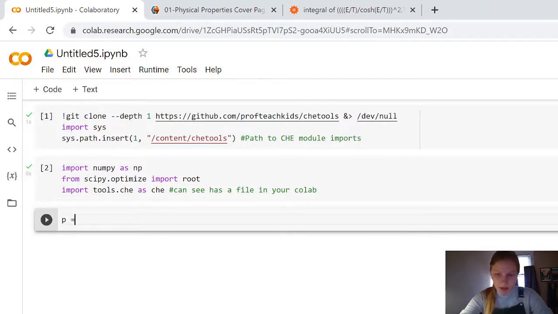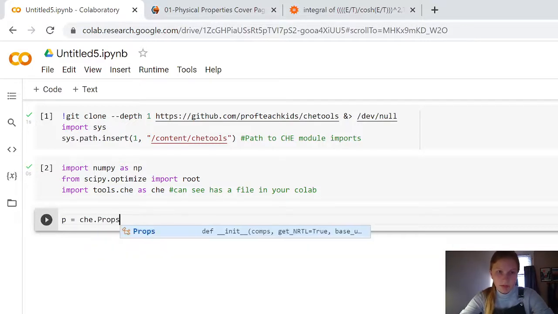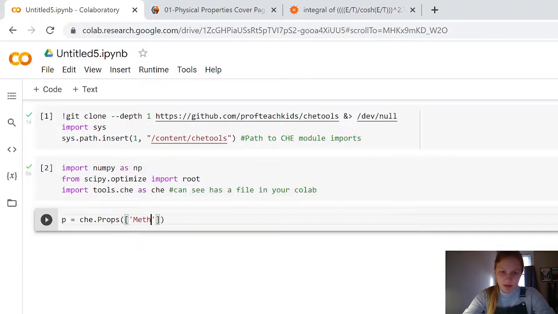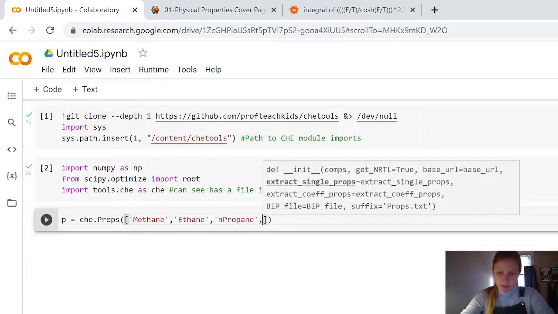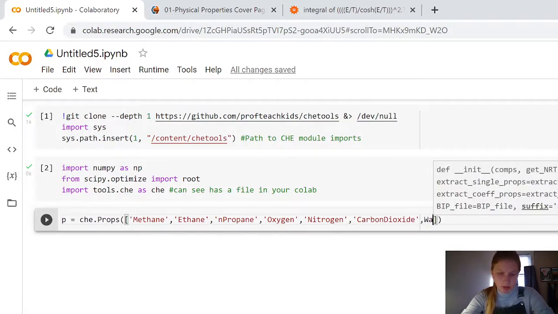So we're going to do P equals CAG props, and we have methane, ethane, and propane, oxygen, nitrogen, carbon dioxide, and lastly, water.